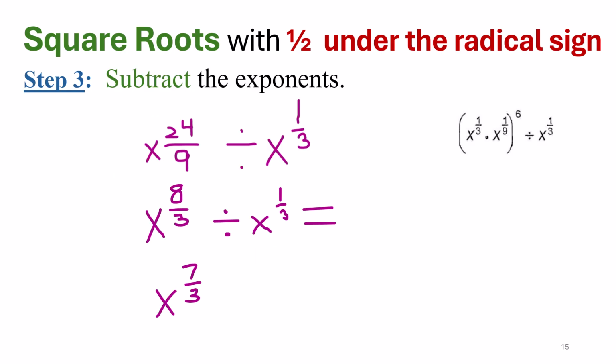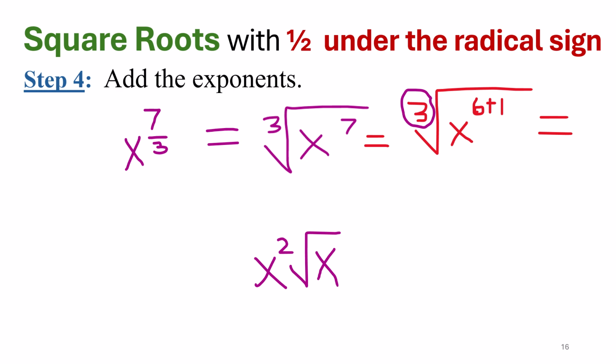So that's x to the 8/3 divided by x to the 1/3, and what do you do here? When it's division, you subtract. So we're subtracting the exponents. Times 7 to the 3rd, you remember you take the bottom, the 3, and you make it the radicand, the index of the root.